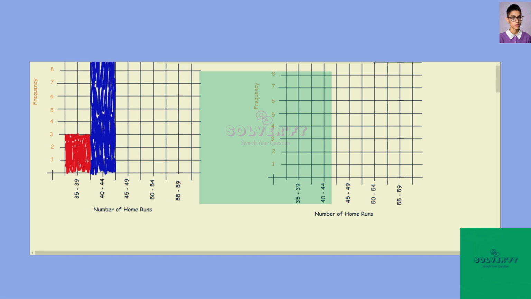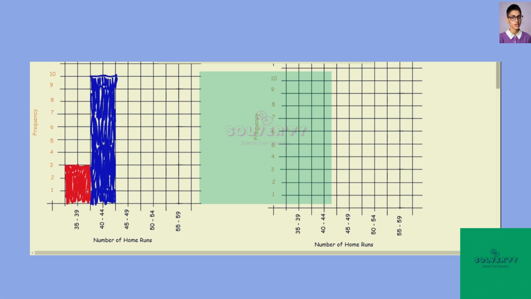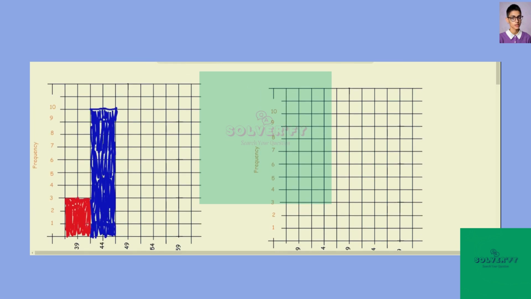Okay, there's that. 45 to 49, we have 6. Let me get all the way to the top there. And they don't have to be in different colors. I just happen to have different colors here, so I thought I'd use them. All right, the next one goes to 8.